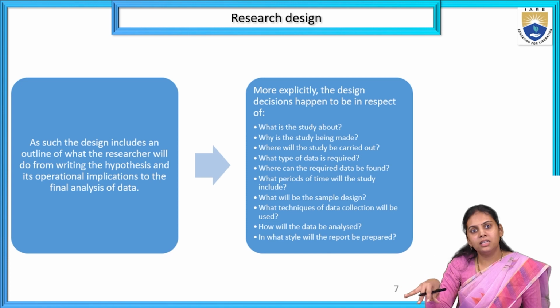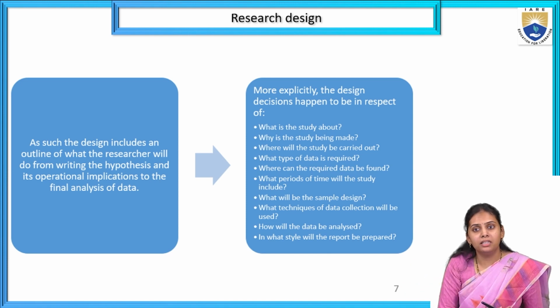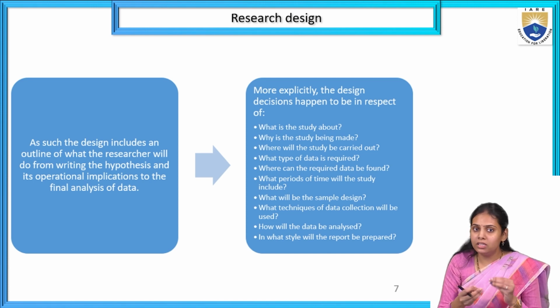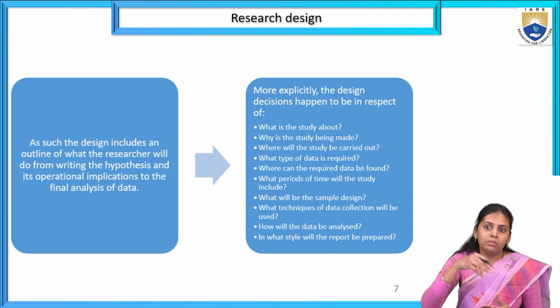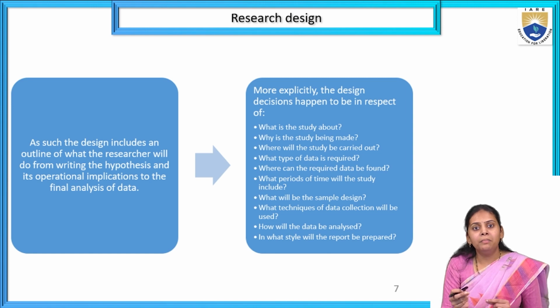To do this study, what type of data is to be collected, from where it should be collected, and how the collected data is to be analyzed, and what style the report is to be prepared in, again based on the requirement. This report is also a proof of the research done by a researcher.